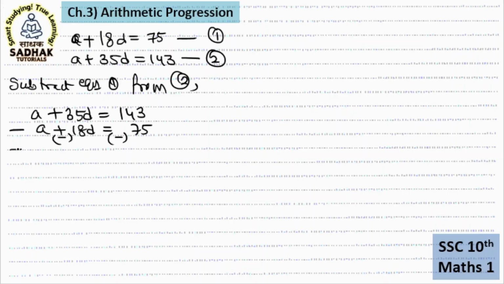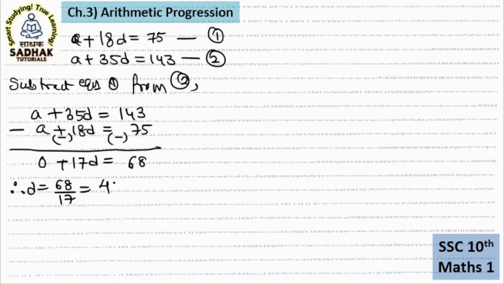Fine, so A minus A is 0, 35 minus 18 will give us 17D is equal to 143 minus 75, that is 68. Okay, so we got 17D is equal to 68. Therefore D will be 68 upon 17, that is 4. So we got the value of D.